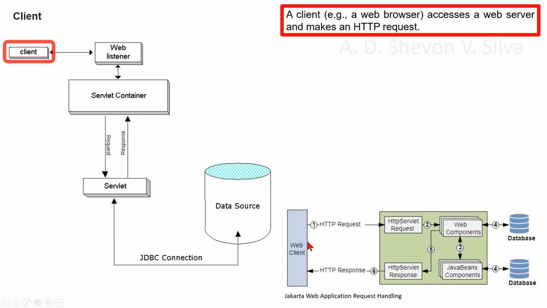The client sends an HTTP request to the server. A web server that implements Jakarta Servlet and Jakarta Server Pages technology converts the request into an HTTP servlet request object.